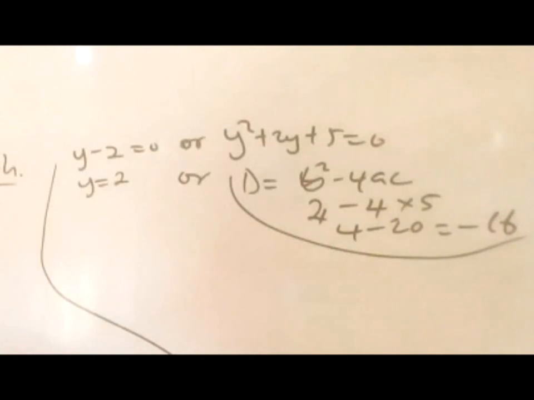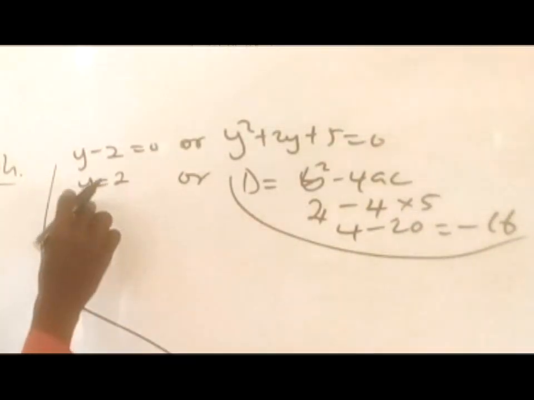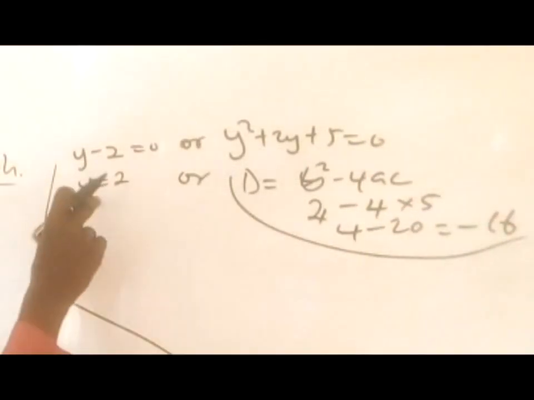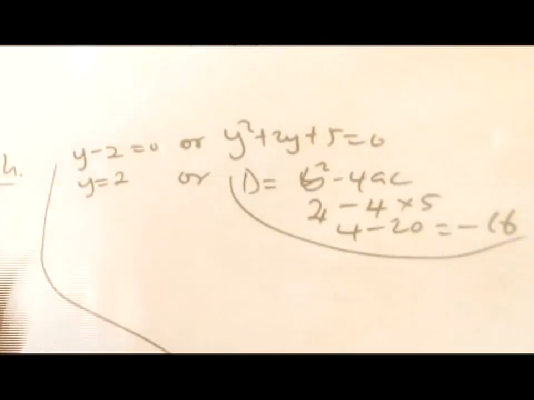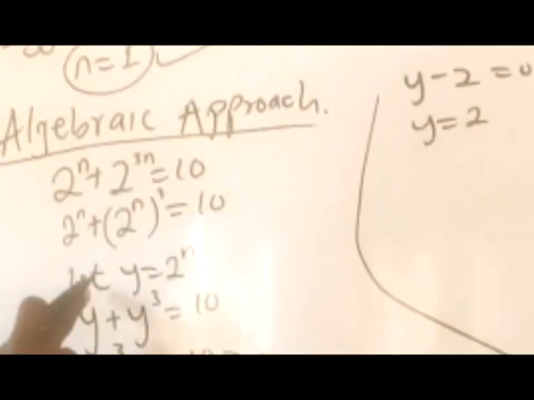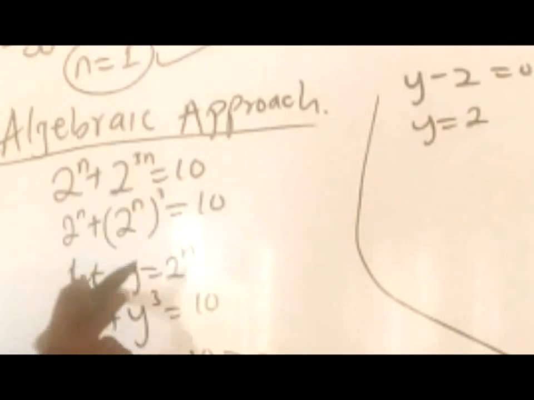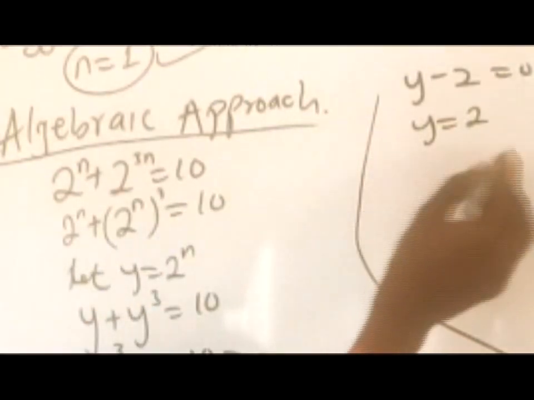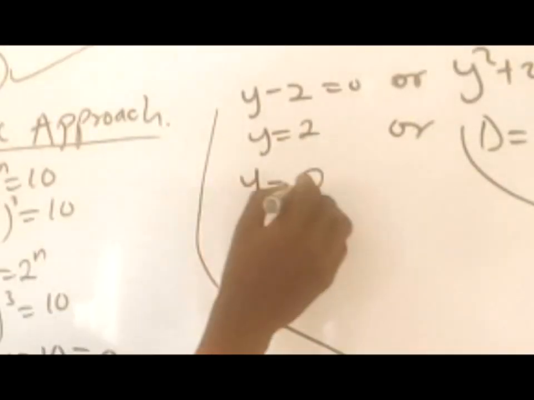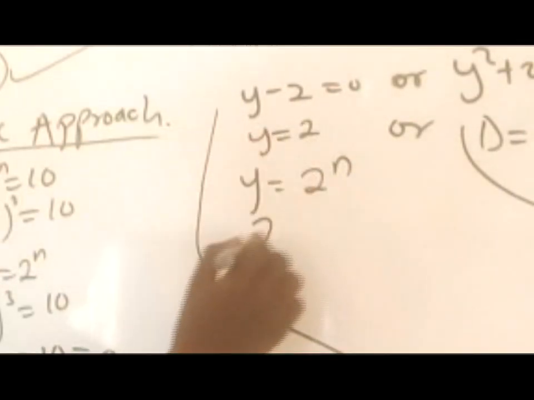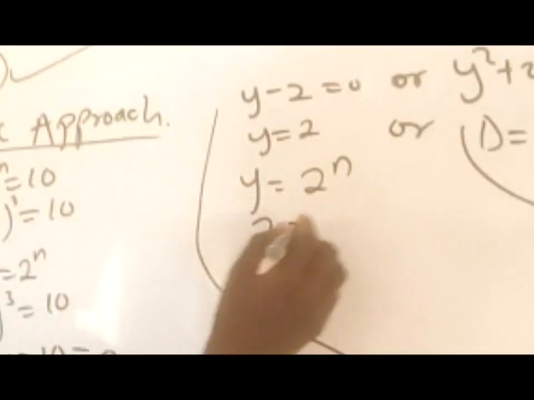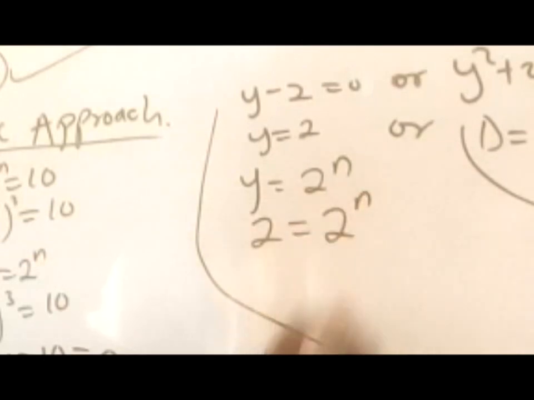Therefore we concentrate only on y equals 2. Remember our initial condition, we let y be equal to 2 raised to n.